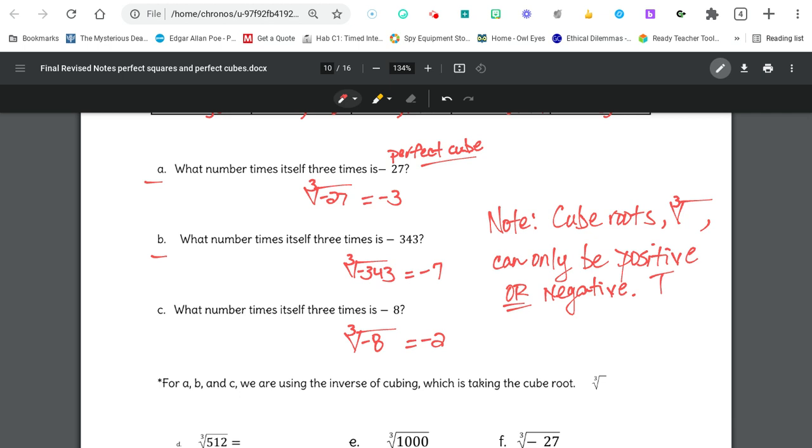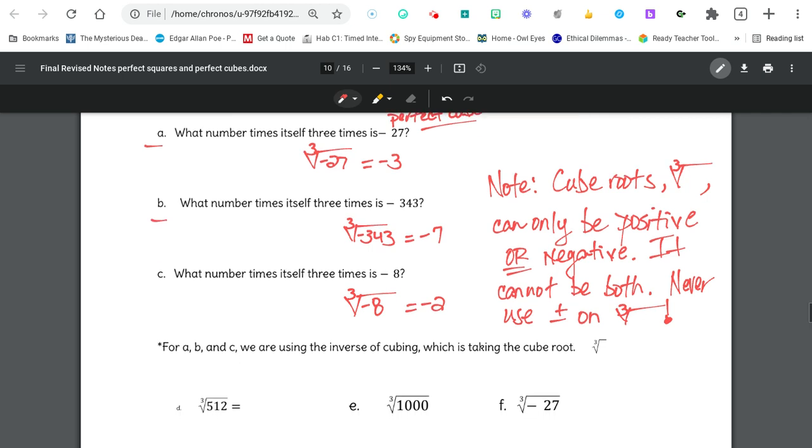So you would never use plus minus on a cube root. Never, ever, ever. Don't do that. Only use plus minus on square root, okay?